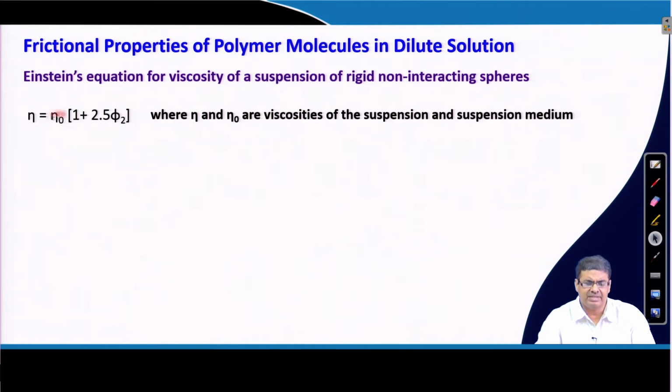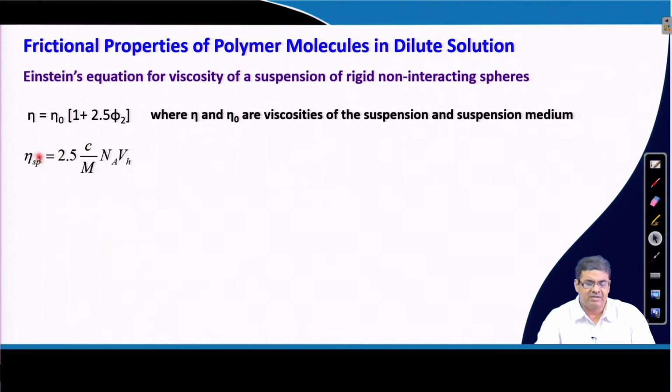So, the Einstein equation is given by this, where this is the coefficient of viscosity of the solution and this is the coefficient of viscosity of the solvent, and phi 2 is the volume fraction of the solute, which is polymer in this case. So, this is the suspending medium, which is the solvent in this case.